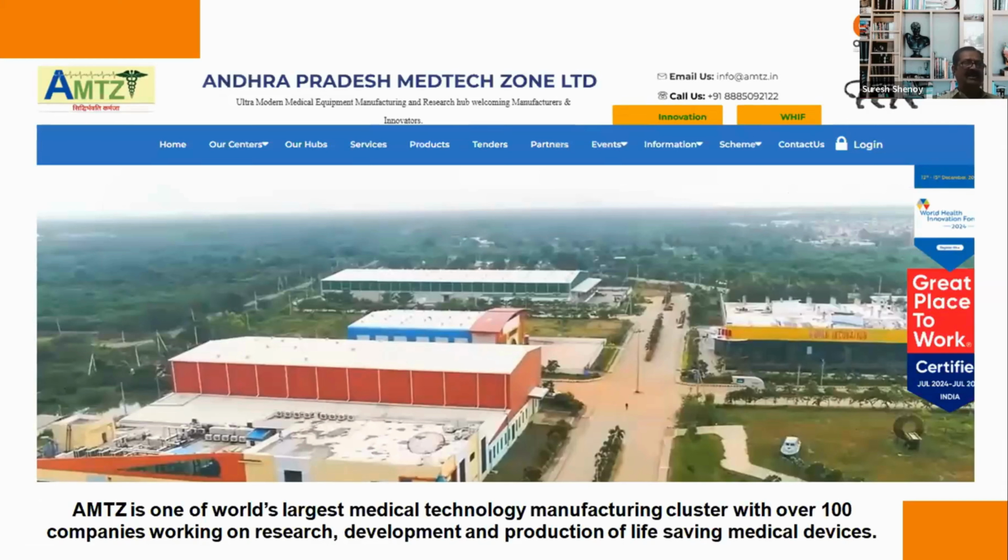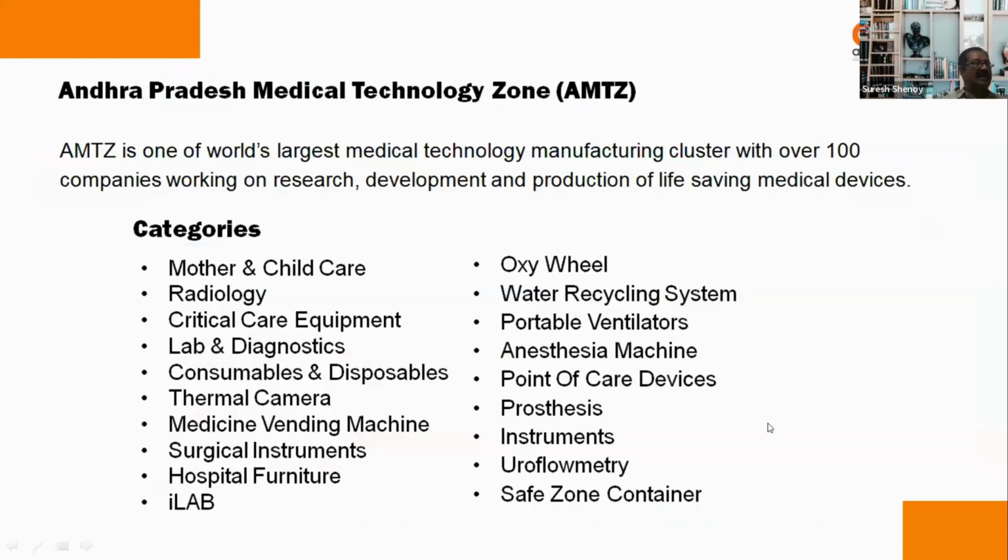They provide everything, it is like a park where people can come and do research and develop things. It is one of the world's largest medical technology manufacturing clusters with over 100 companies working on research, development and production of life-saving medical devices, etc.